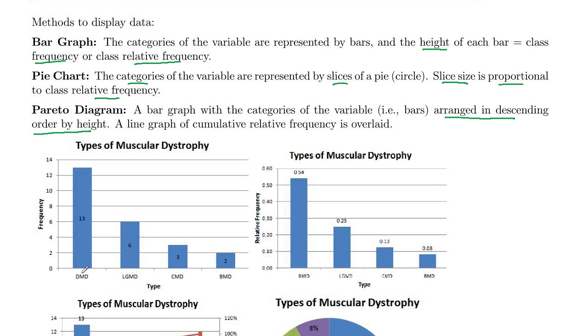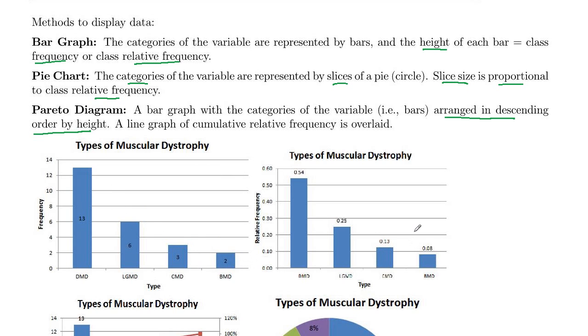So for example here, the DMD, we've got a frequency of 13, so my bar height is 13. For limb-girdle, we've got a bar of height 6 because our frequency is 6, and so on. And this is actually a Pareto diagram because they're arranged in descending order.